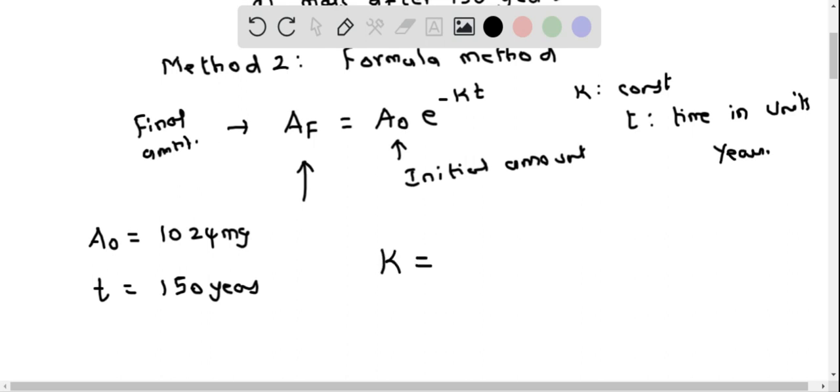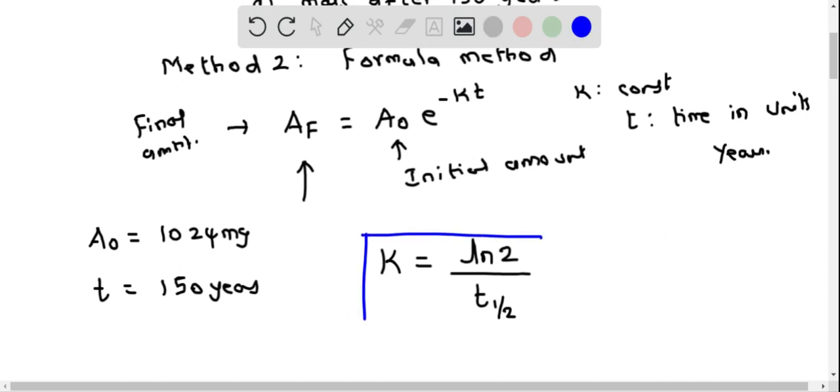I'm going to write another formula for the constant k. This is k equals natural logarithm of 2 divided by T half. This T half is the half-life period of the substance. In fact, this is proved for any half-life period.